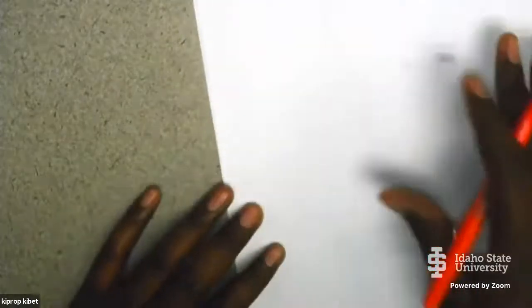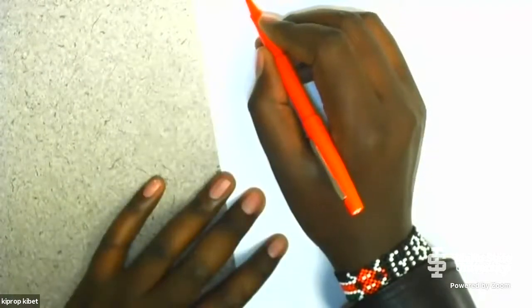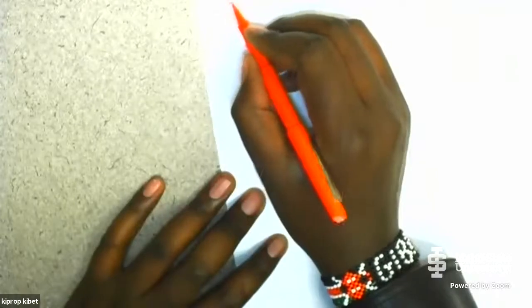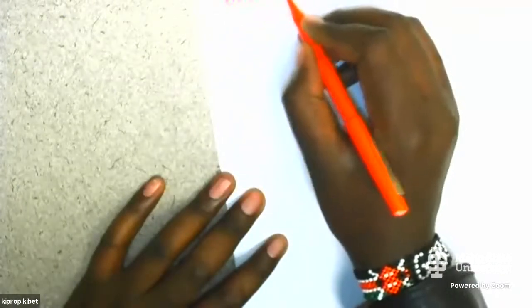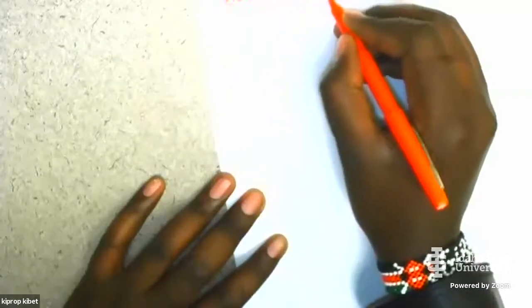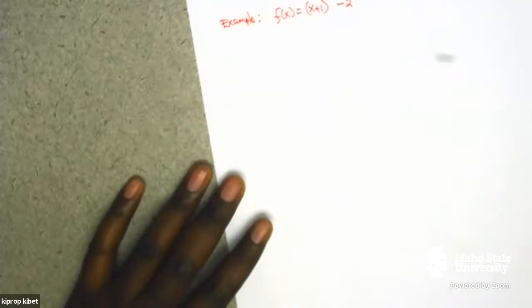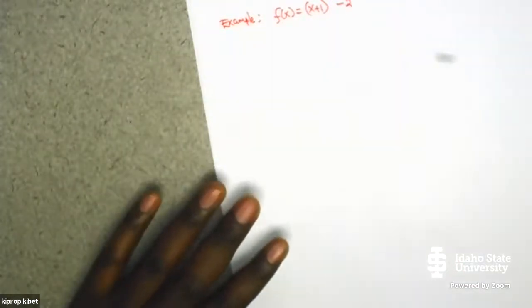So now, let's do an example here. If we have f of x equals x plus 1 and then square minus 2, f of x equals x plus 1 squared, and then subtract 2.